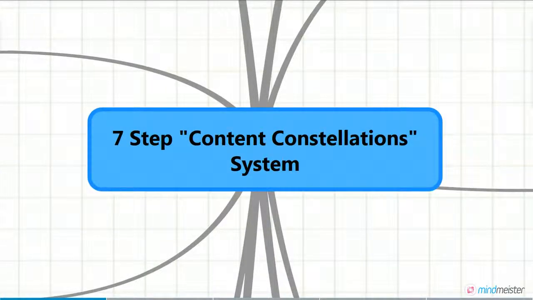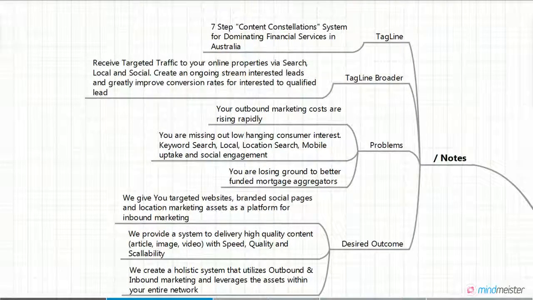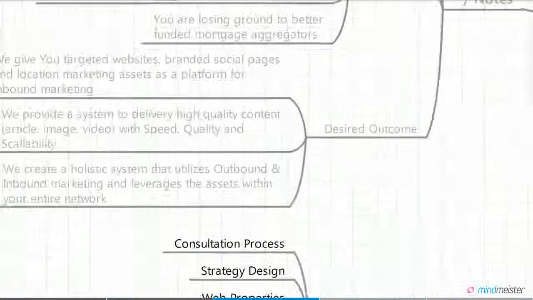So the first thing I did was I moved over to MindMeister, where I started a new mind map. I've called it the 7-step content constellation system. And then I just started to document my thoughts. And firstly, I needed some sort of a tagline, 3 problems that I wanted to solve with my system, and 3 desired outcomes that a client might want to receive if they implemented my system.